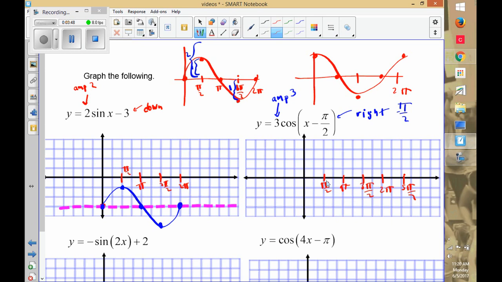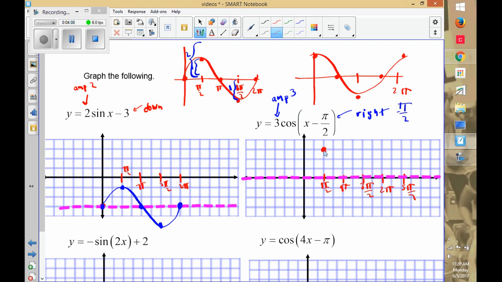Now I'm cosine, so I normally would start up at 1, but my amplitude is 3. So since cosine would be at 1, I'm actually going to start at 3. If you need to draw in your imaginary axis that is going to be your center, you can.